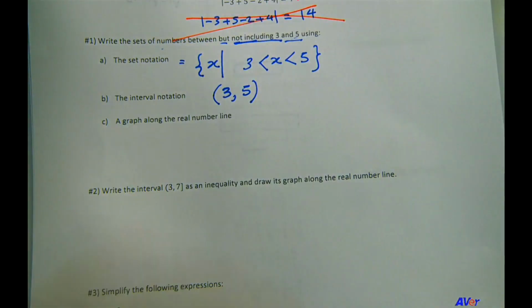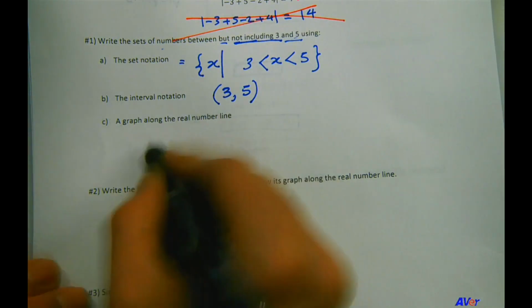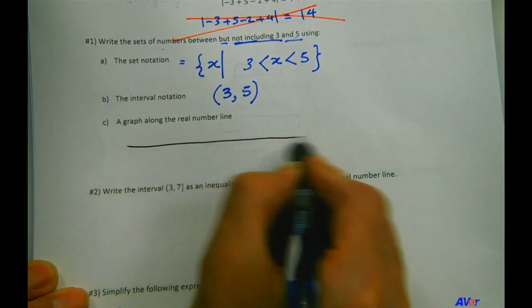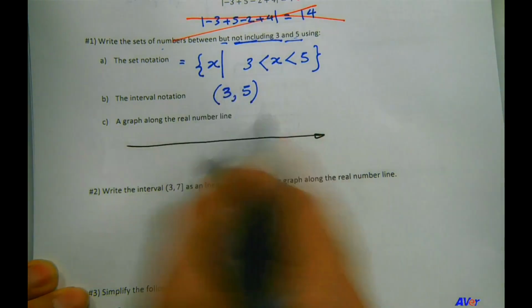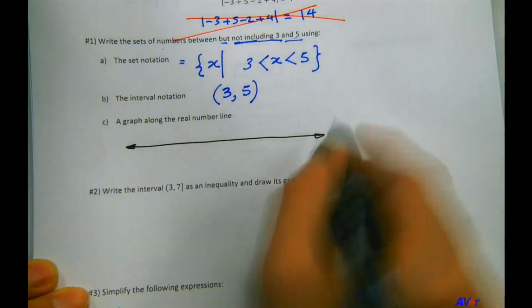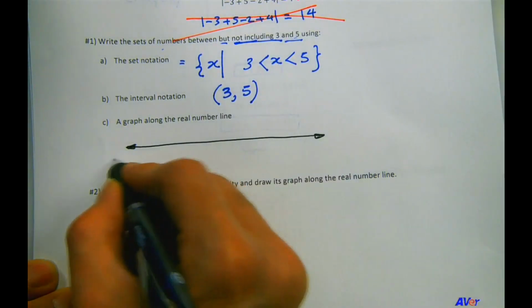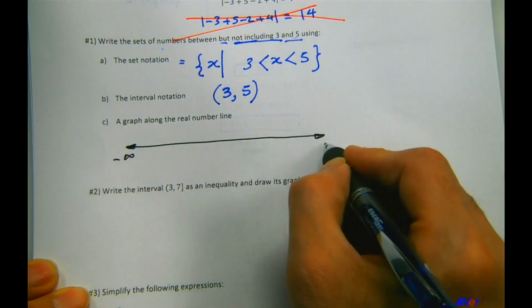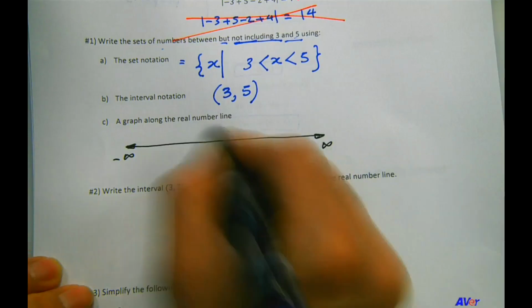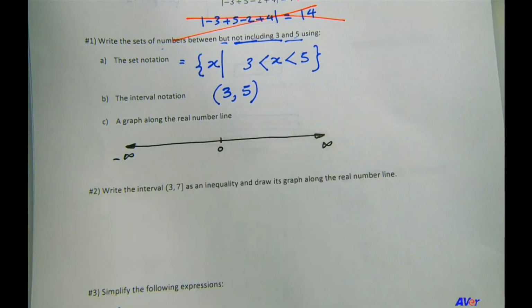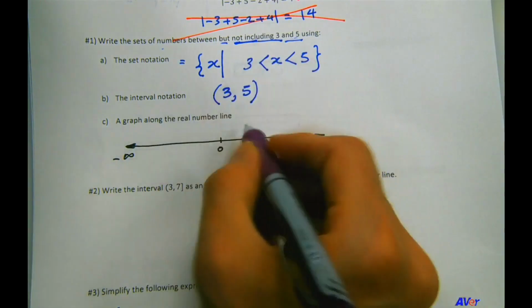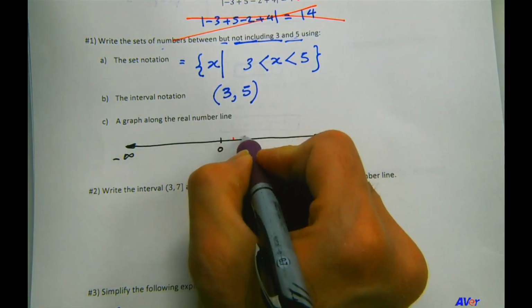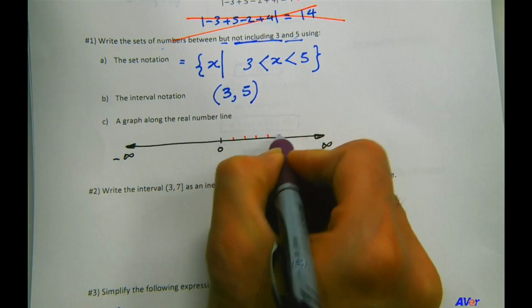Okay. So to graph this set using the real number line, we know that the real number line goes from negative infinity to infinity, and we know that the 0 is in the middle. So this is between 3 and 5, but not including 3 and 5. So 1, 2, 3, 4, 5.